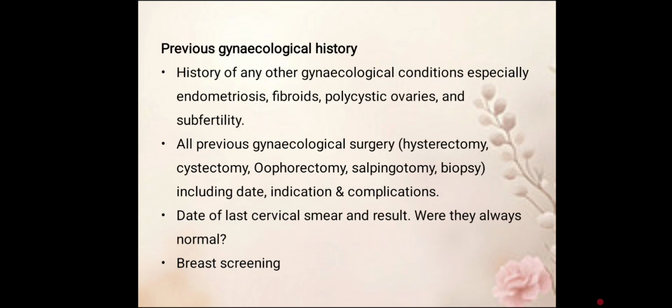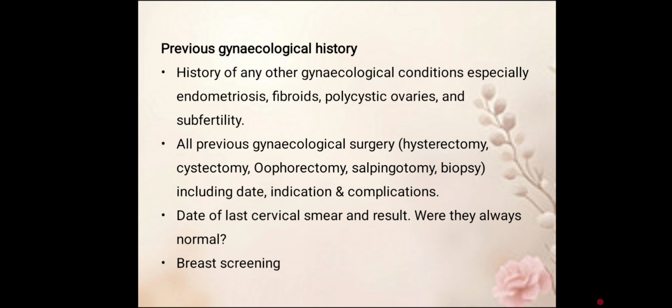In previous gynecological history, ask about any other gyne conditions, for example endometriosis, fibroid, PCO, polycystic ovaries. Ask about previous gyne surgeries, for example hysterectomy, removal of uterus; cystectomy, removal of ovarian cyst; oophorectomy, removal of the ovaries; salpingotomy or salpingectomy.